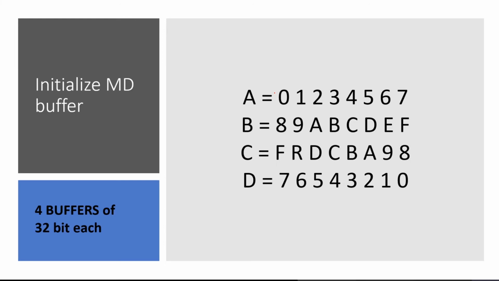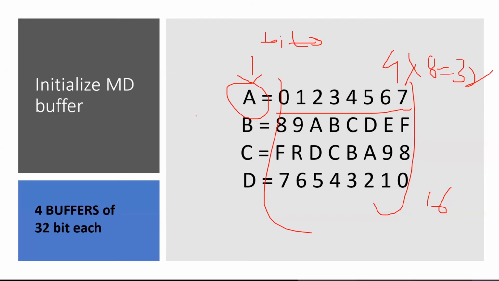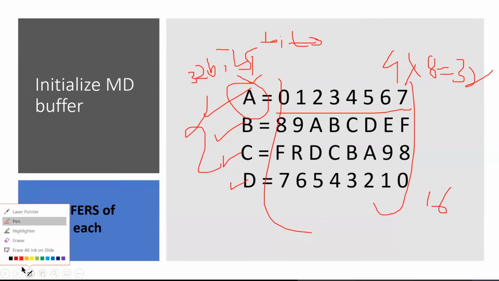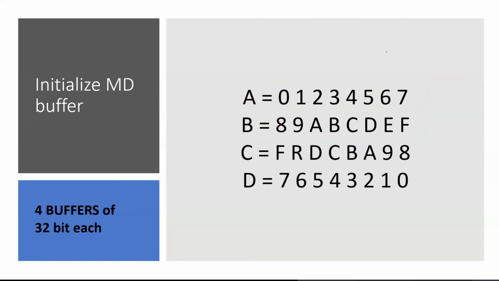The value of B is 8 to F. The value of C is F to 8. And the value of D is 7 to 0. This is in hexadecimal. Each block, A, B, C and D, is of 32 bits. This is the initial value of A, B, C and D.